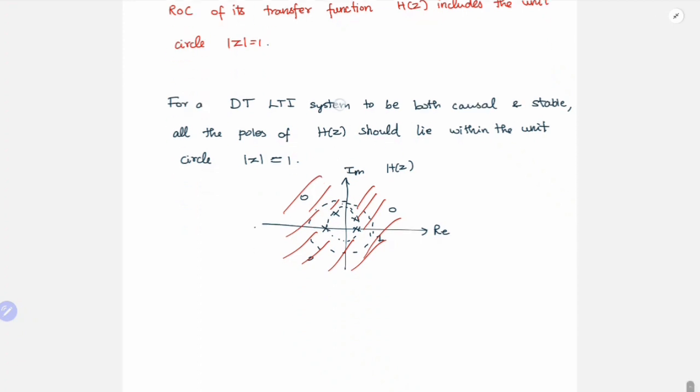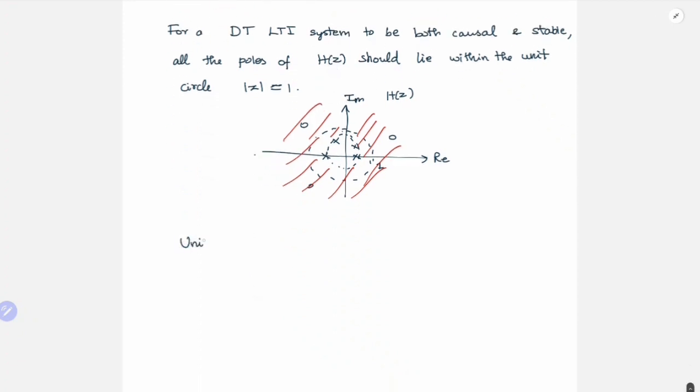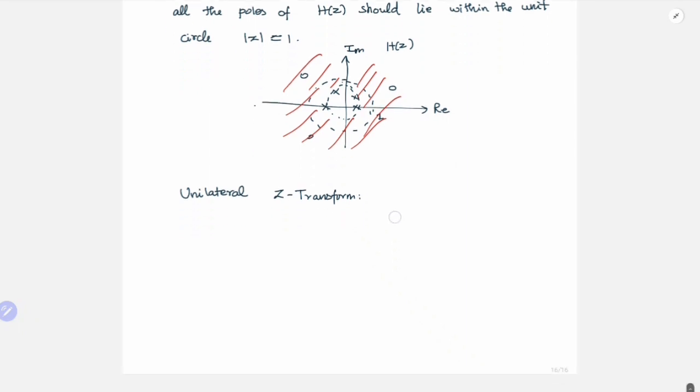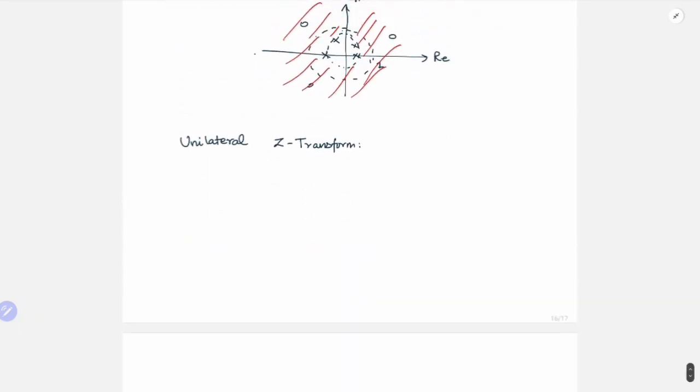So next let us discuss the unilateral Z transform. It is similar to the unilateral Laplace transform, and it is for causal signals or systems. It is defined as follows.